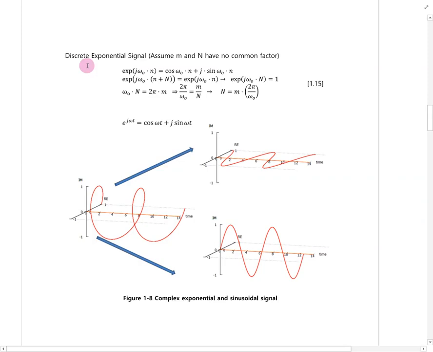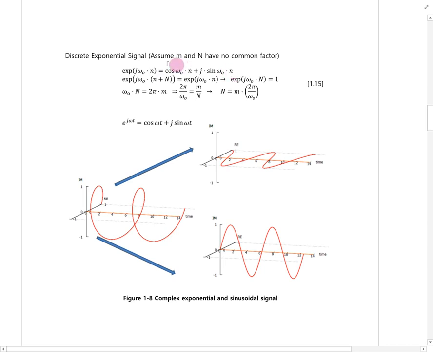Okay, you see the discrete exponential signal here. Here it shows the exponential e to the j omega 0 times n, where n is the index number. It's a sequence. This is the discrete exponential signal, and as the Euler equation says, it equals cosine omega 0 n plus j sine omega 0 n.